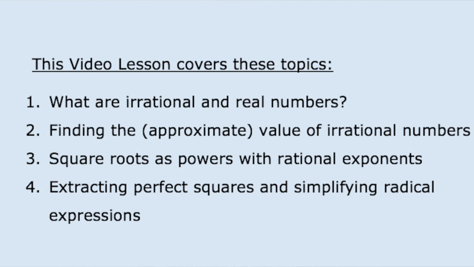Then we will see how we can write square roots as powers with rational exponents. And then we will learn how we can simplify radicals by extracting or removing perfect squares under the square root sign, and how we can apply that also to simplify radical expressions.